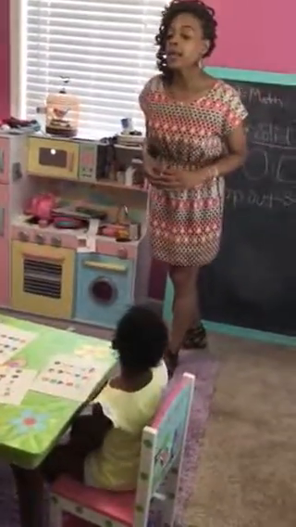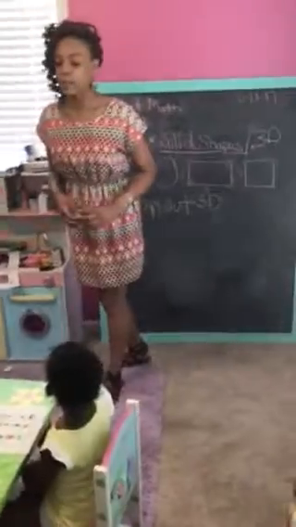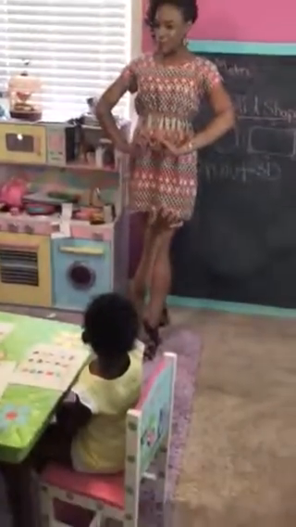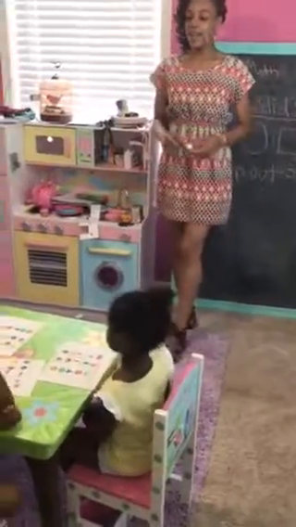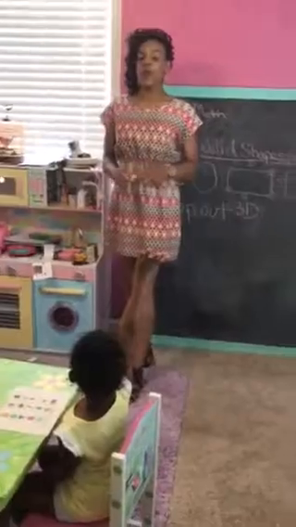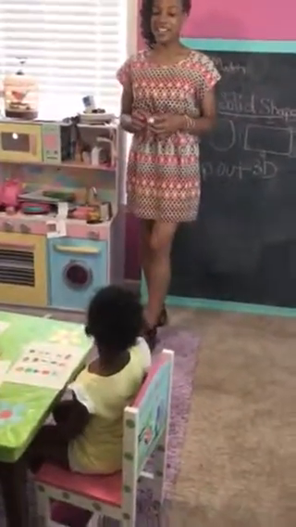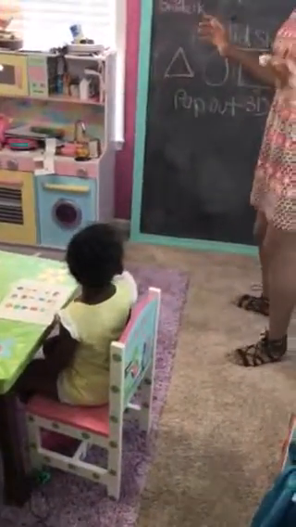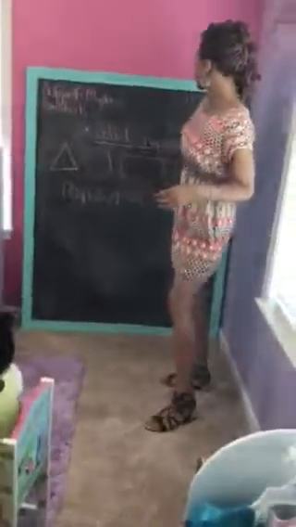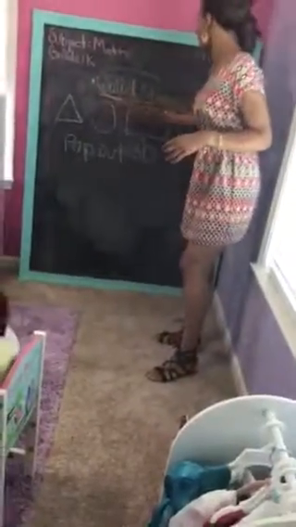What did we learn today? What is another name for a solid shape? Can anybody remember another name for a solid shape? I'm going to call on Kai. 3D shape. And what did you have to say, Ms. Shakana? Circle. Yeah, not quite. 3D shapes is another name for solid shapes, okay?